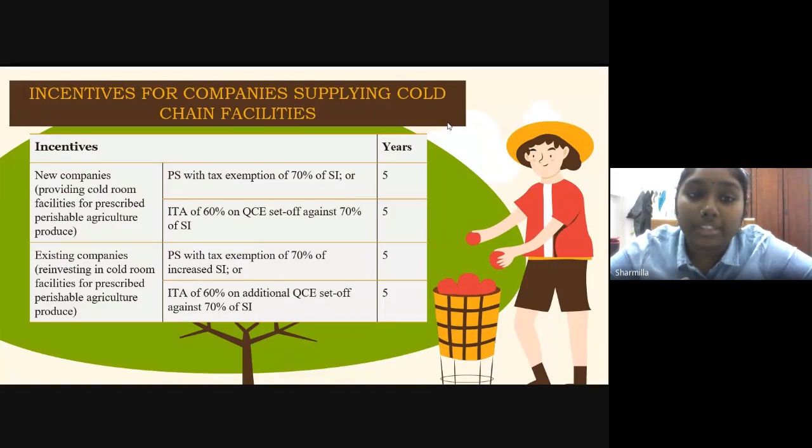For existing companies supplying cold chain facilities, they will reinvest in their cold room facilities and get PS with tax exemption of 70% of their increased statutory income, or ITA of 60% on additional QCE set off against 70% of their statutory income, both for 5 years also. Next.